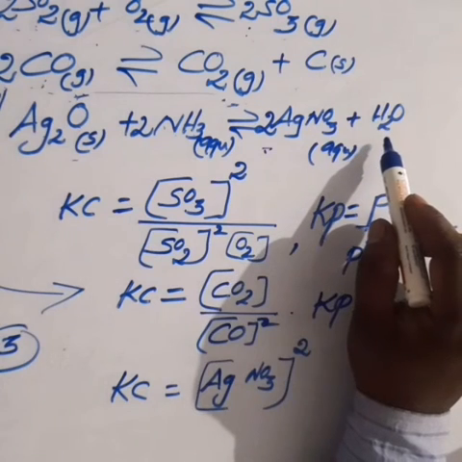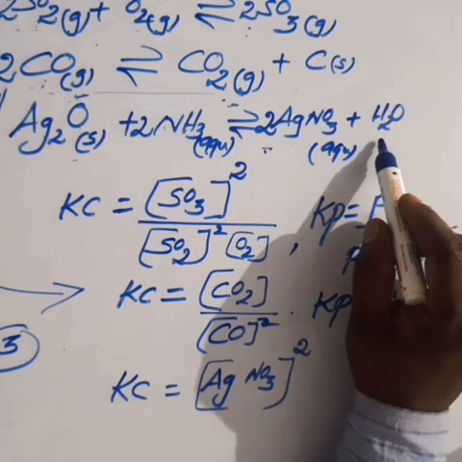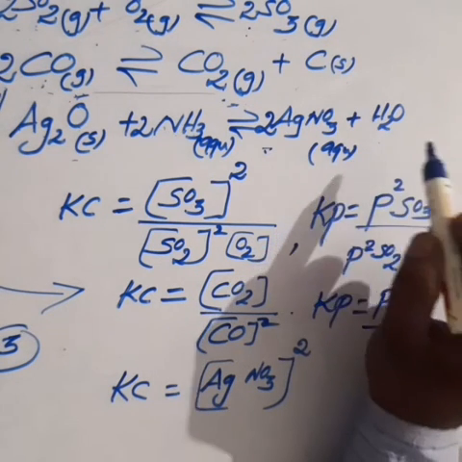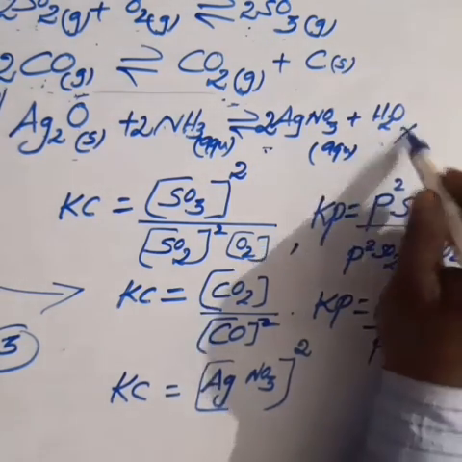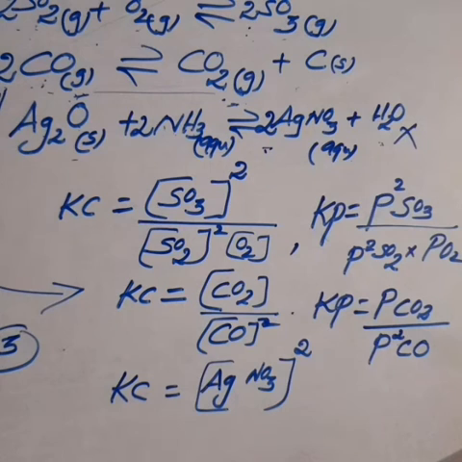Next product is water. What about the water? The concentration of pure liquid can also be excluded from the expression of the equilibrium constant. It is excluded, because pure water can be taken as a constant. So I am removing that term.